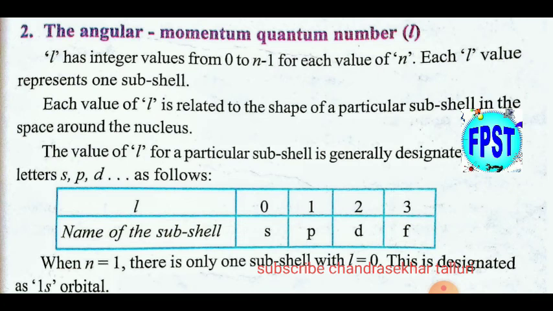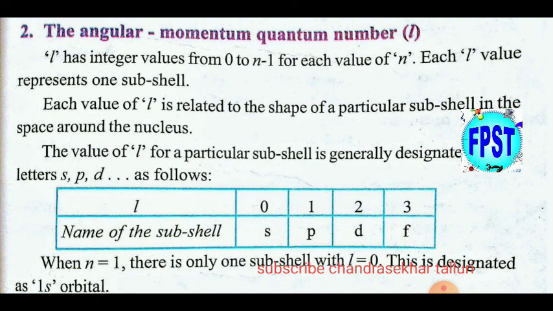For the third shell, means n is equal to 3, there will be 3 L values. They are 0, 1, 2. Means S subshell L is equal to 0, P subshell L is equal to 1, D subshell L is equal to 2. The D subshell is more elliptical. And for the fourth shell, there will be 4 L values 0, 1, 2, 3.